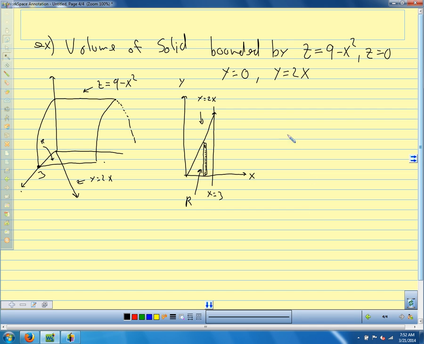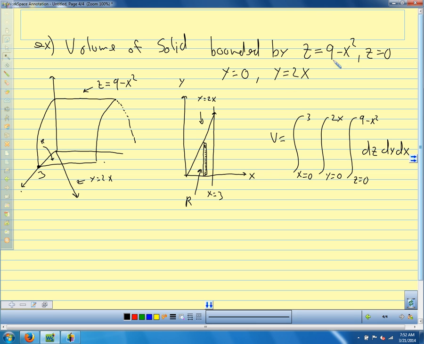So our volume is going to be the triple integral from x equals 0 to 3, y equals 0 to 2x, z equals 0 to 9 minus x squared, dz, dy, dx. And once we evaluate this first integral with respect to z, then we would have how we would set this problem up using a double integral.